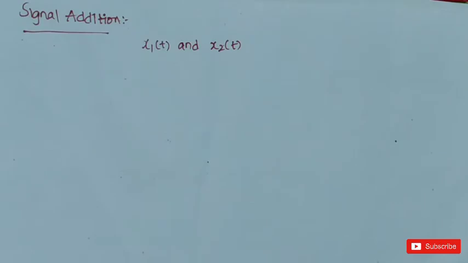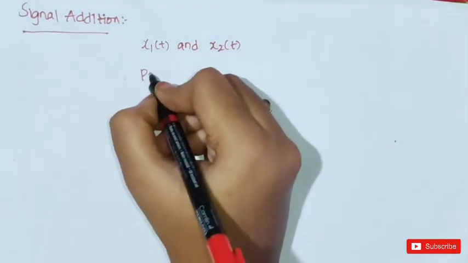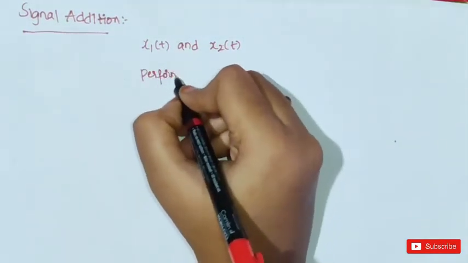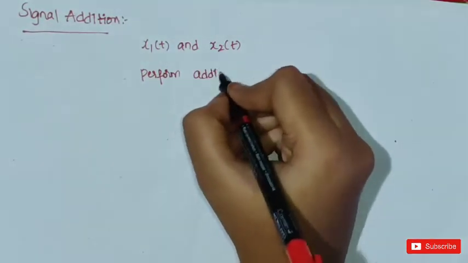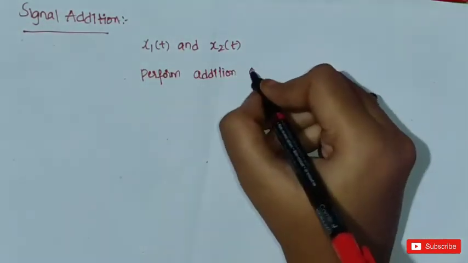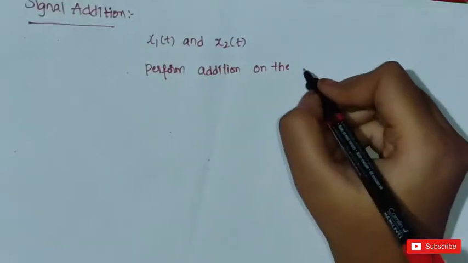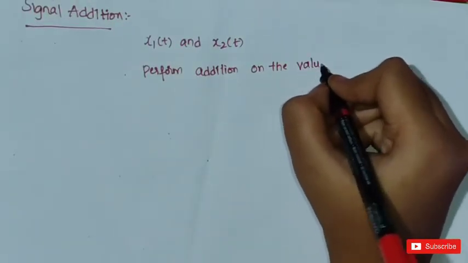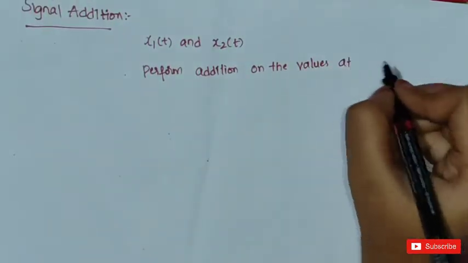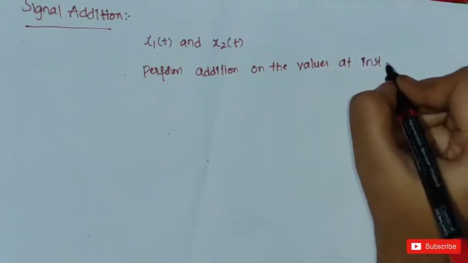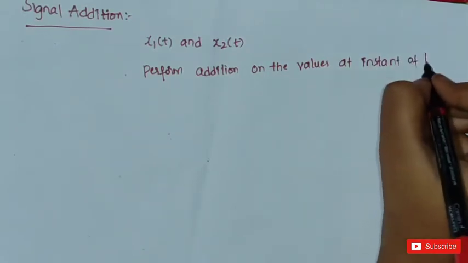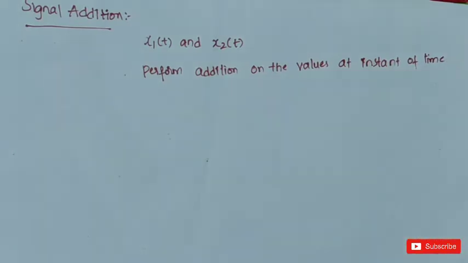Based on these signals, we will perform addition on the values at some instants of time. This signal addition can be done on both continuous time signals and discrete time signals.